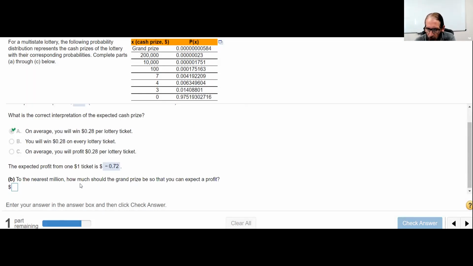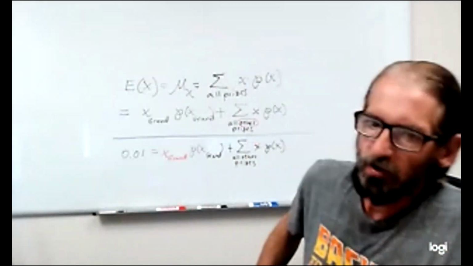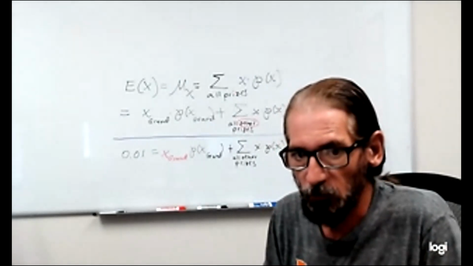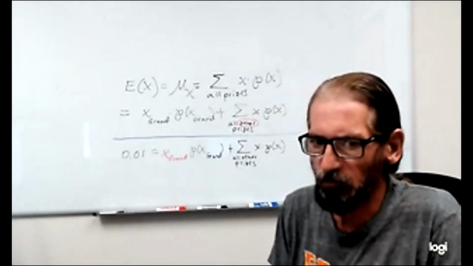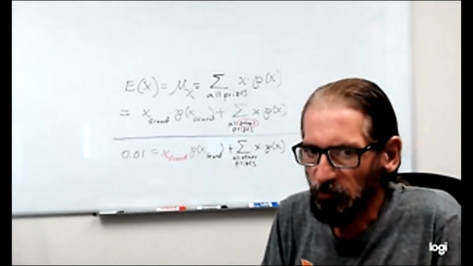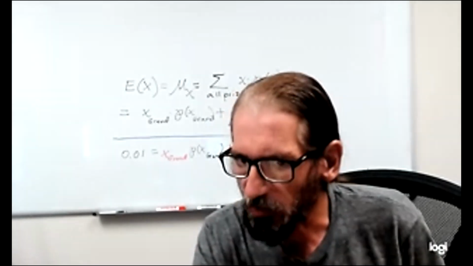And to the nearest million, how much should the grand prize be so that you can expect a profit? So to solve this, I had this bright idea, which gets pretty close. I'm not quite sure what's going on with the answer that winds up being in there, but let's check something here.